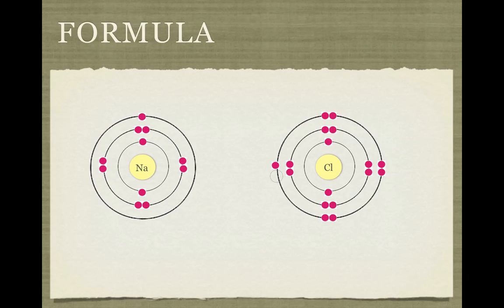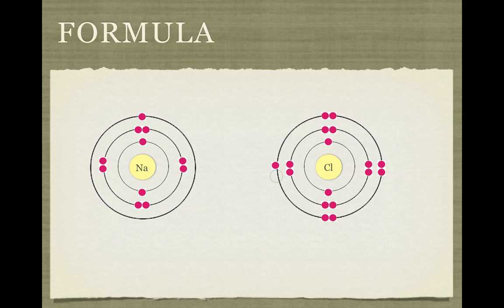So here's just the basic formula or layout of both Na, sodium, and Cl, chlorine. As you can see, Cl is missing one valence electron. One would need 8 valence electrons to have a full outer ring in this case. Now sodium, on the left, has one extra.